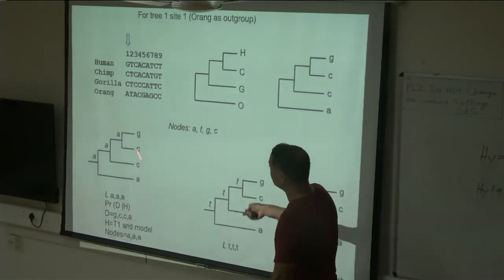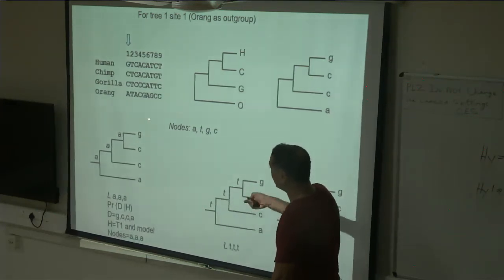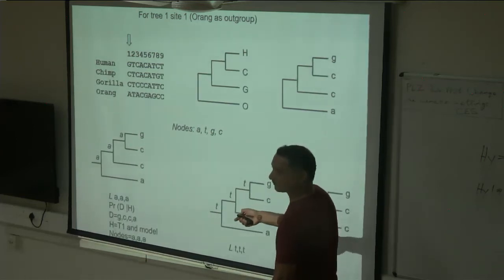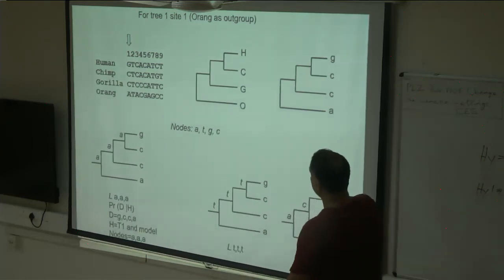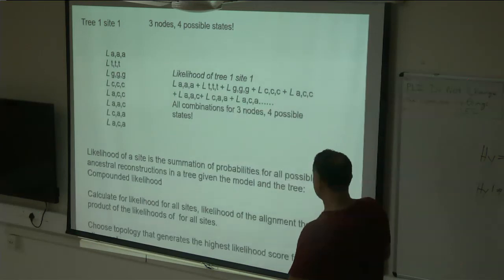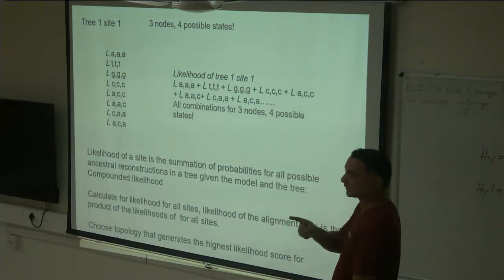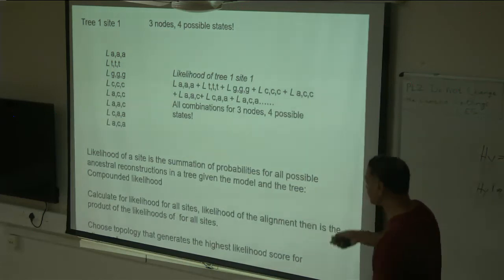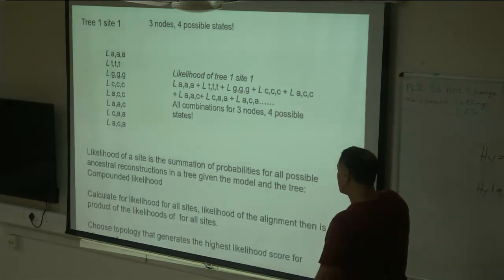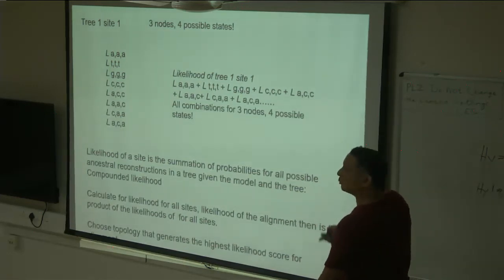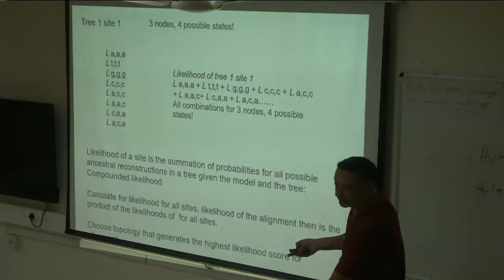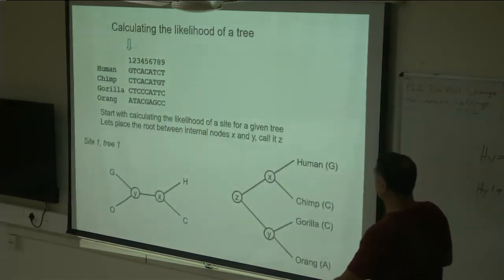So then that gives you the probability of getting this data given this tree, right? Okay, and by the way, this is only for one site. Right, so you need to now do that for every site. Yeah, and then you have to move on to another topology, right? So it is quite an ordeal.